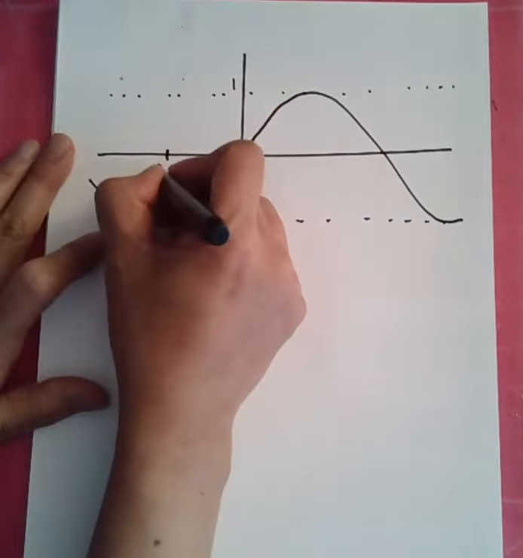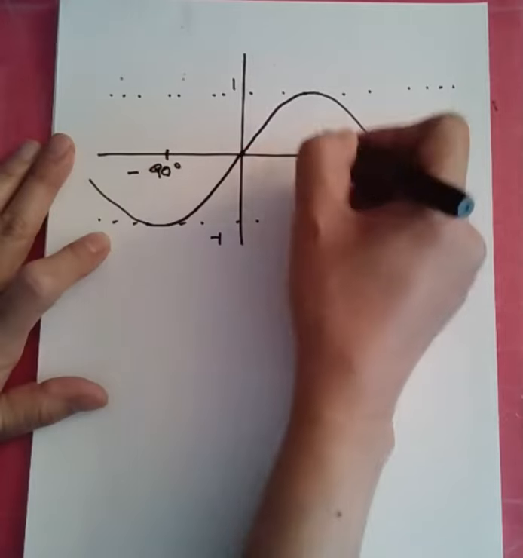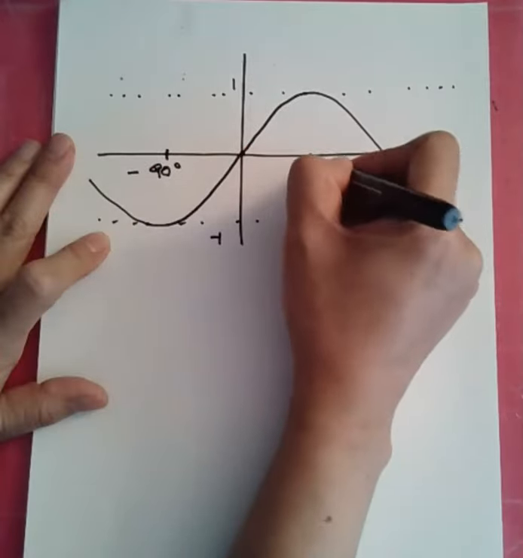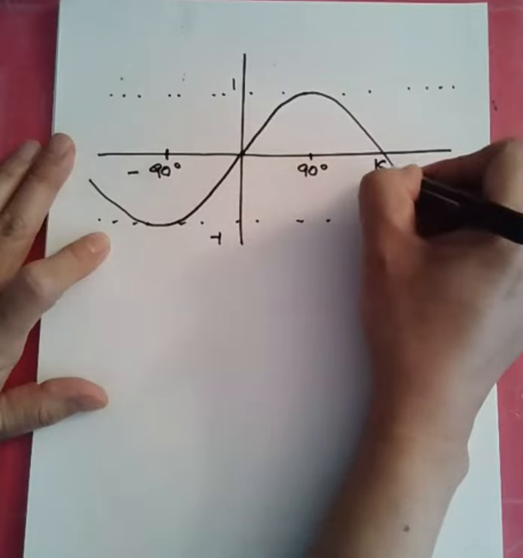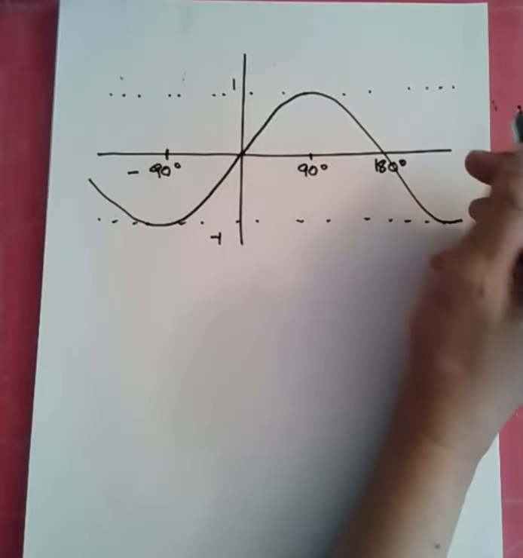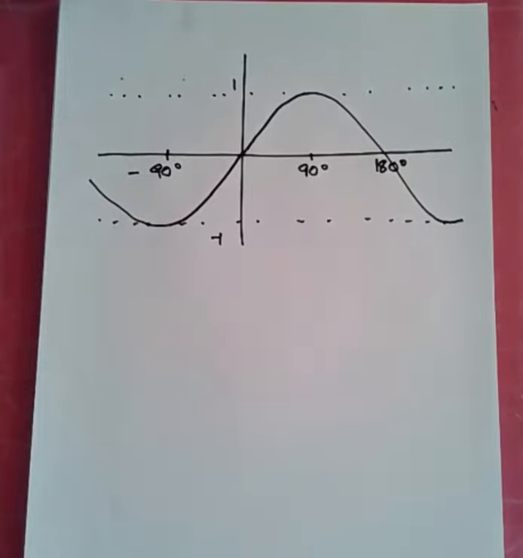This point is -90 degrees. This is 90 degrees. And this is 180 degrees. I have to explain the subtlety here.